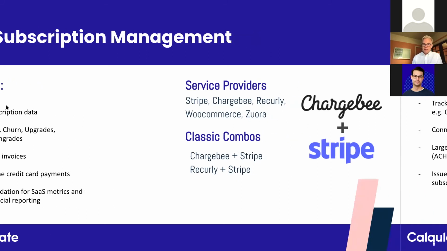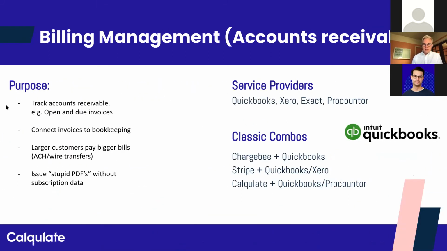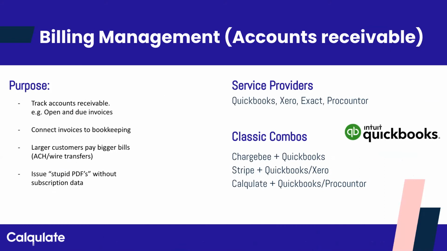All right, let's move on. So then the other side of the angle is billing management and accounts receivable. If you send out invoices from your accounting software, for example if you're an enterprise SaaS company, inside sales companies, you would send these custom invoices from a billing software and accounting software.